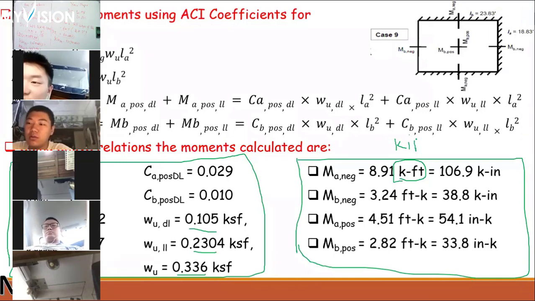We call it kip feet, meaning kilo pound and feet. And this 106.9 is kip inches. When you want to convert feet into inches, multiply this 8.91 by 12, you will get the answer 106.9. Clear?